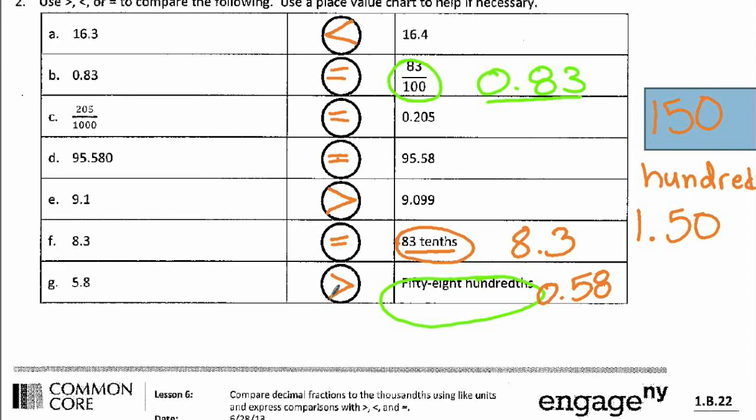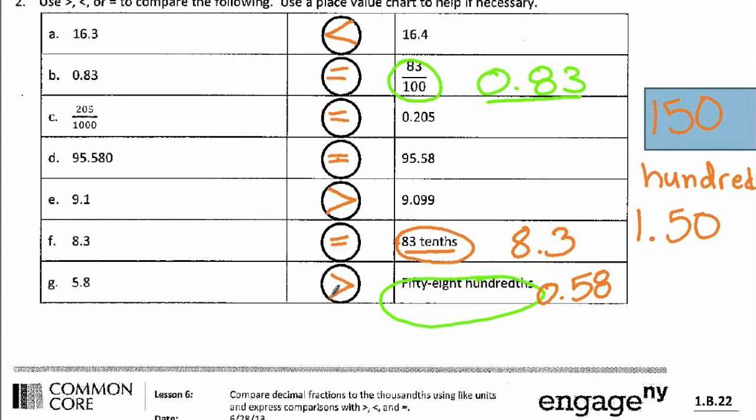At which place did the value change? The 5 was in the ones place at first, and then when it's 58 hundredths it's in the tenths place. So when did these two numbers change to show that they're not the same?